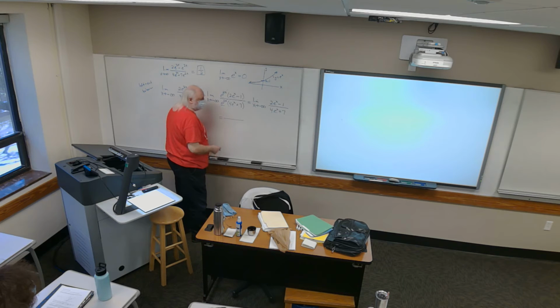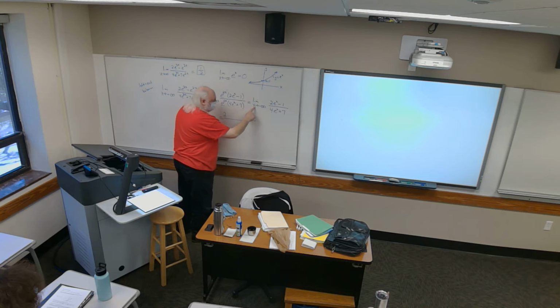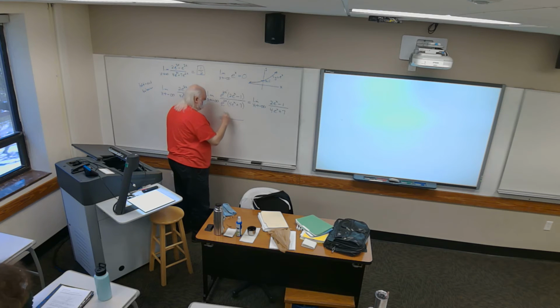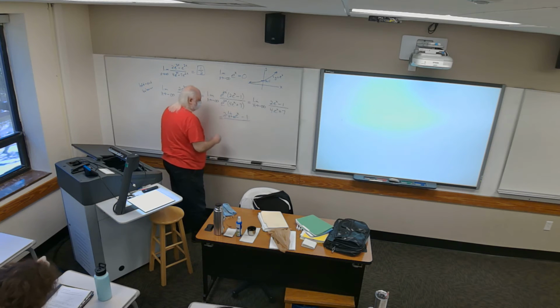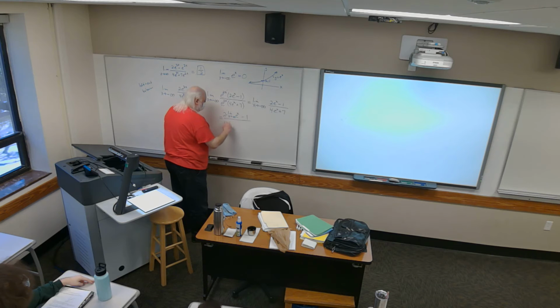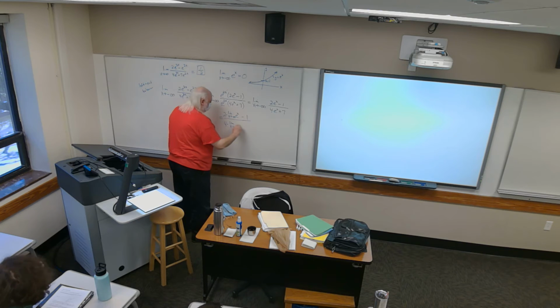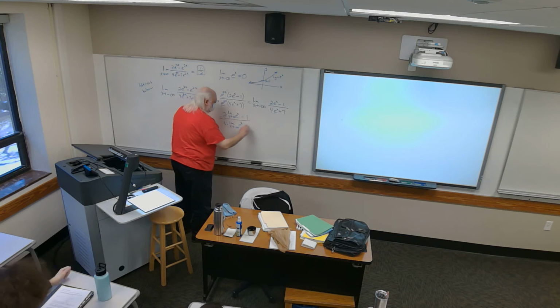I'm just going to do it for this class, right? But from the rules of limits, properties of limits, this limit can be brought in the numerator and denominator. So we have 2 times the limit as x decreases without bound of e to the x, and we get minus 1 over 4 times the limit as x decreases without bound of e to the x, and then plus 7.